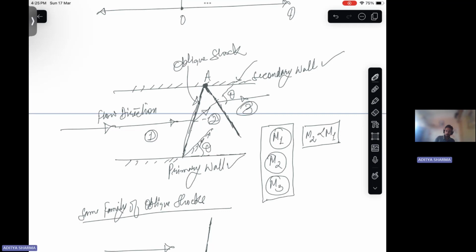In that case, this second oblique shock, if we call the first oblique shock AB, so the AC oblique shock strength will be less than that of the AB oblique shock. Why so? Because the upstream Mach for AB oblique shock is higher than the upstream Mach for AC oblique shock, right?